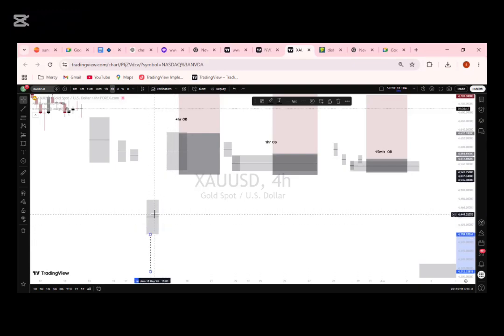Now between the body and the wick, where markets normally react from is the body of the candle, because mostly institutions are likely to leave orders within the body of the candle.